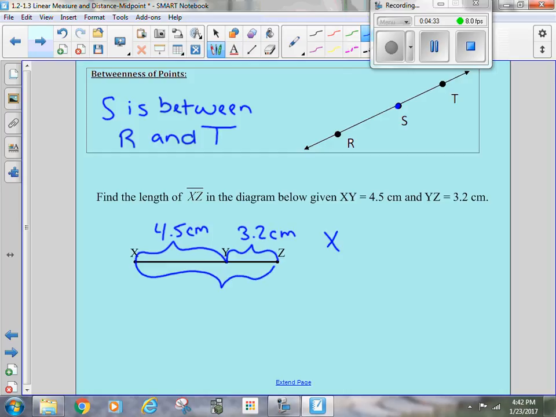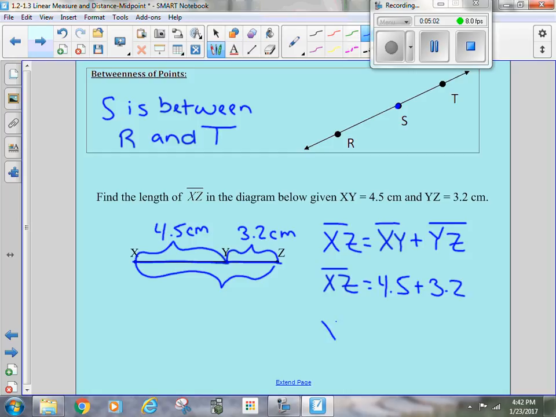Segment XZ equals segment XY plus segment YZ. So we're going from X to Y and then from Y to Z. So segment XZ equals our 4.5 plus our 3.2. So segment XZ equals 7.7 centimeters.